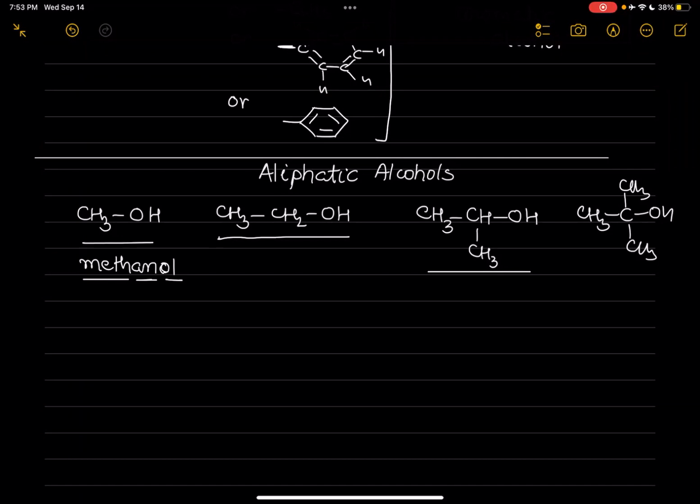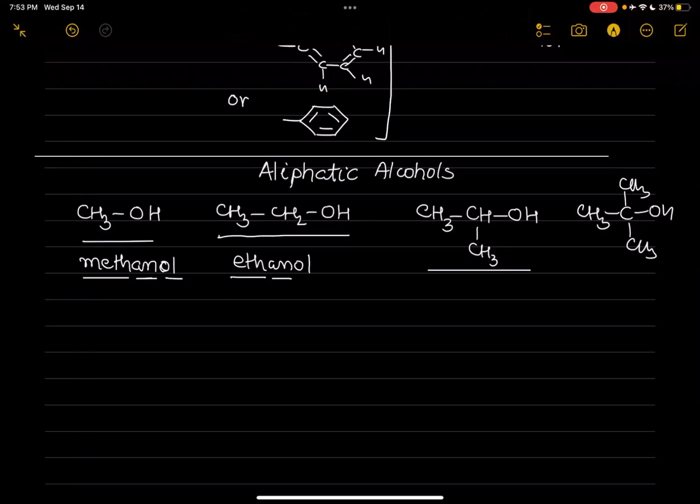So ethyl alcohol or ethanol, which is the IUPAC name. It means two carbons with a single bond. So eth, ane, and ol, but you remove the E because you can't put two vowels together, so you remove E and add ol for alcohol.